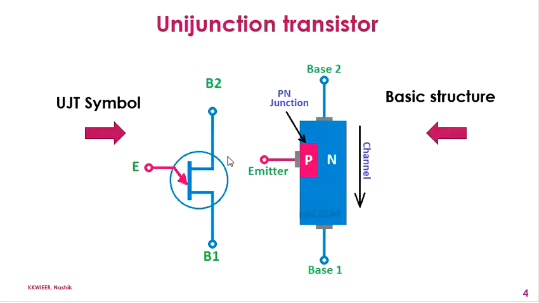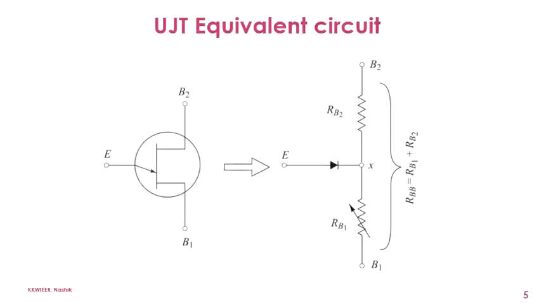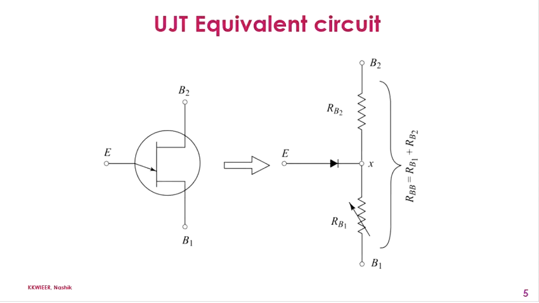An interbase resistance RBB exists between B1 and B2. To know about this resistance, we will see a UJT equivalent circuit. So this is RBB, that is the interbase resistance which exists between base 1 and base 2. The resistance which is near to base 1 is RB1 and resistance from B2 to emitter is RB2.